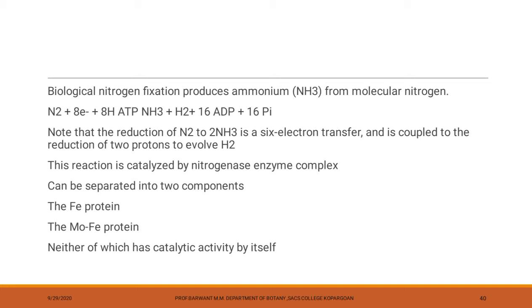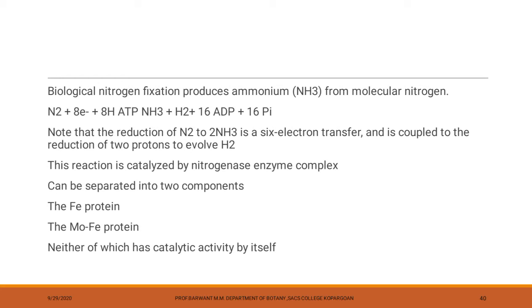Note that the reduction of N2 to 2NH3 is a 6 electron transfer, coupled to the reduction of 2 protons to evolve H2. The reaction is catalyzed by the nitrogenase enzyme complex.